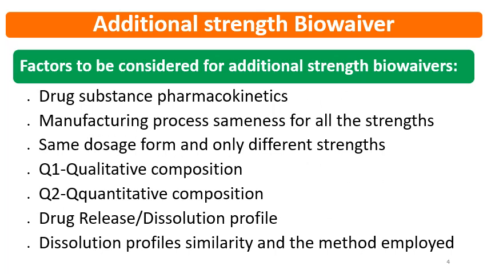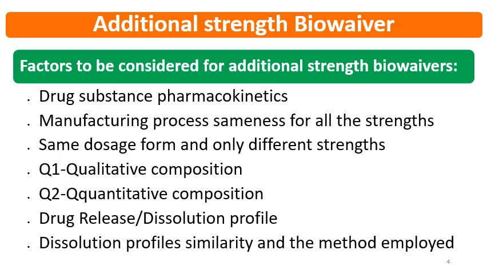The factors to be considered for additional strength biowaiver are as given. Drug substance pharmacokinetics should be considered. Manufacturing sameness for all the strengths. Same dosage form and only different strength should be there.